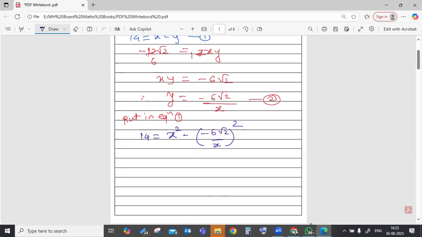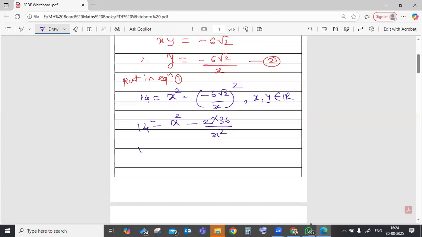Where x and y are real numbers. Then it will be x square minus root 2 square, it is 2, minus 6 square 36 upon x square is equal to 14.